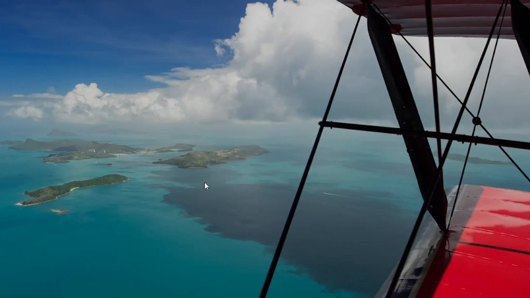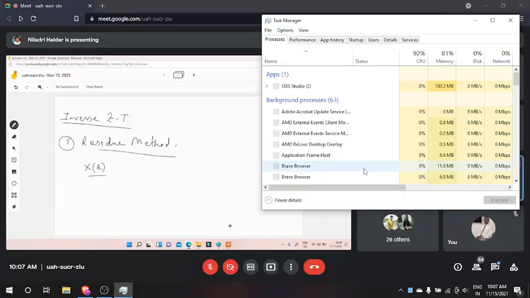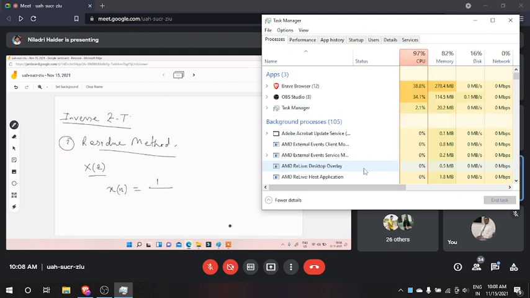Suppose if you want to calculate the inverse Z transform of X(z), there is one equation that you can use, defined as the Z transform of X(z) or x(n), that is equal to 1 by 2 pi j, a circular integration z to the power n minus 1 into X(z) dz.